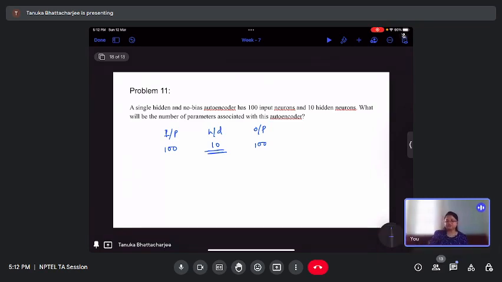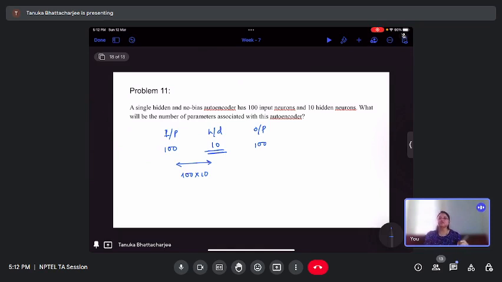But now, if this is the network and there is no bias involved, then what will be the number of parameters associated with this autoencoder? So, basically the weight matrix between the input and hidden layer will have 100 into 10 number of elements. So, each of these 100 inputs will be associated with some weight to be connected to each of the hidden neurons.